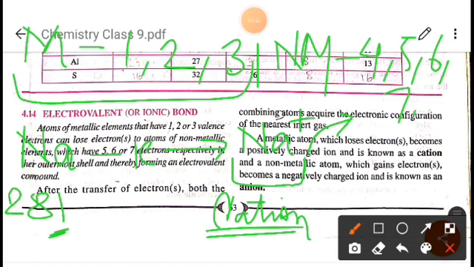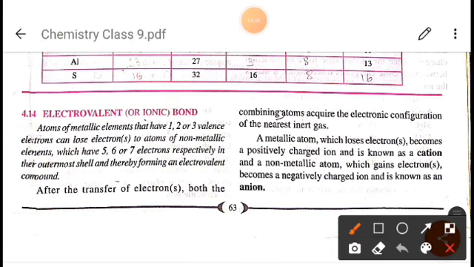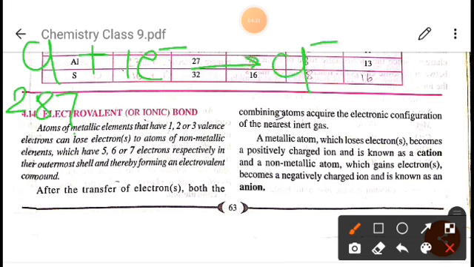Now we will see the case of a non-metal. Suppose the non-metal is chlorine. As we know, chlorine has the atomic electronic configuration 2, 8, 7, which means it has 7 electrons in its outermost shell. It has a tendency to accept electrons, so it will take 1 electron and convert into a Cl- ion, and this Cl- ion is called an anion.